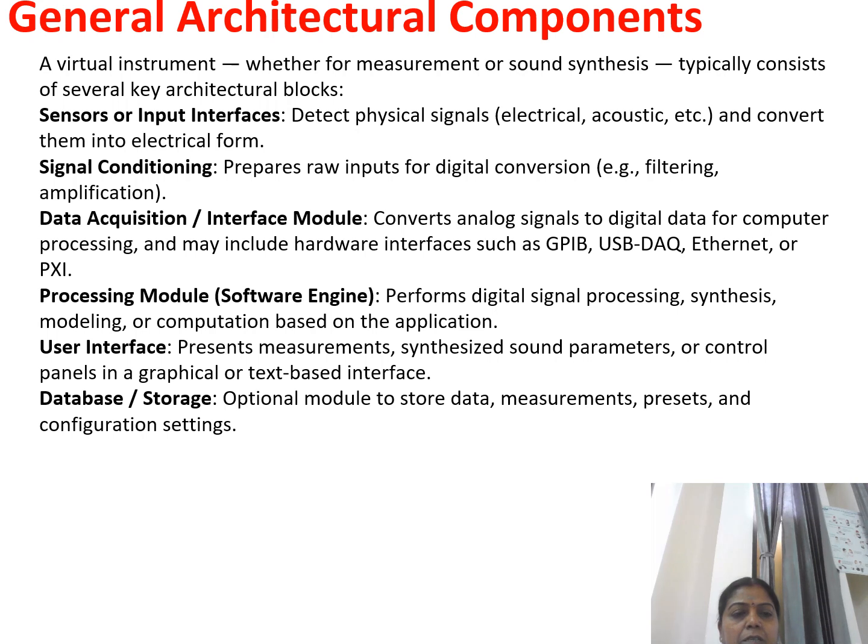In data acquisition, they convert the analog signal to digital data for computer processing, and they include hardware interfaces such as GPIB, USB, DAQ, Ethernet, or peripheral component interconnect. Then the software engine performs signal processing, synthesis, modeling, and computation based on the application. The user interface presents the measurements, synthesized sound parameters or control panel in a graphical or text-based interface.